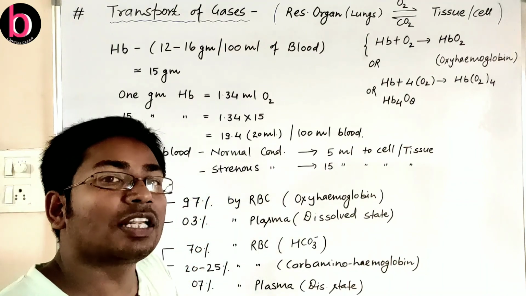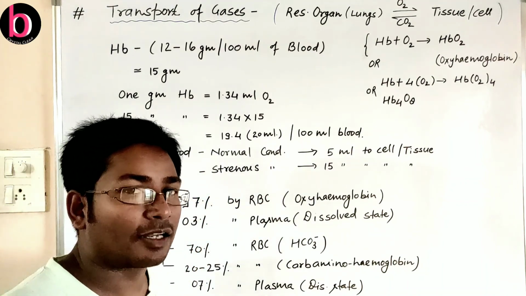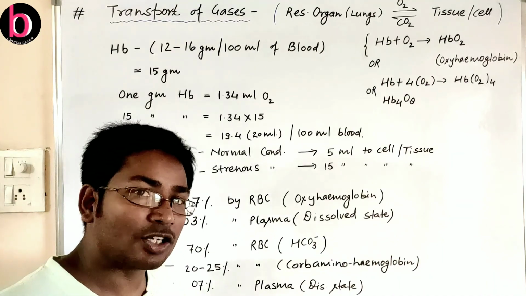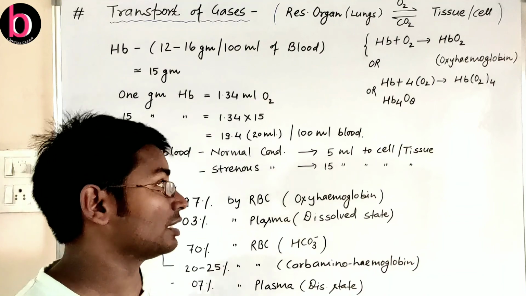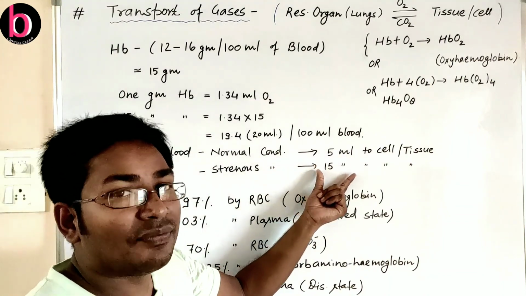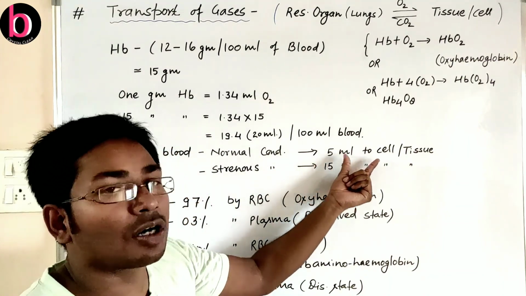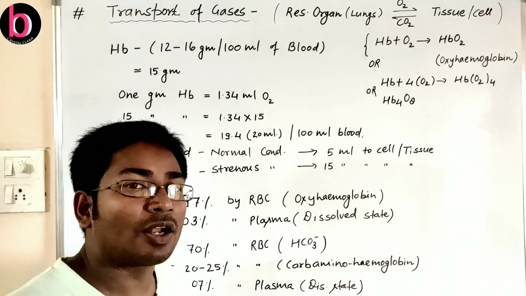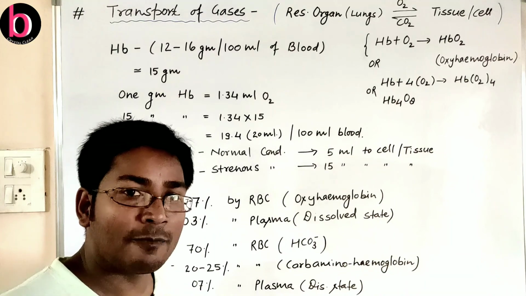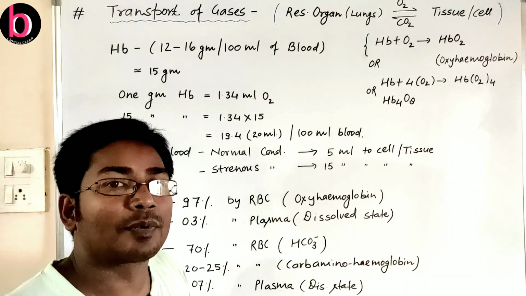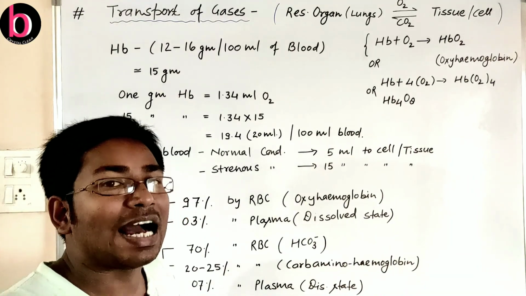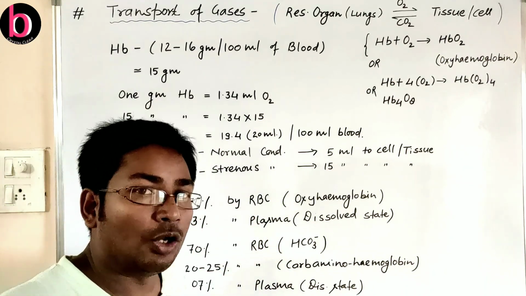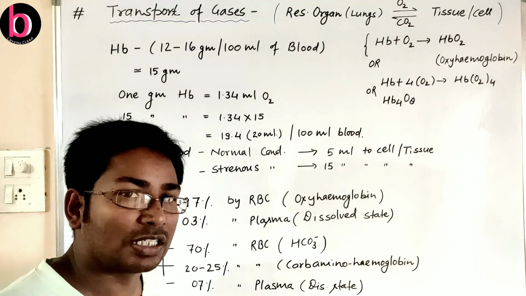Why? Because there is huge demand of energy, and energy comes only after oxidation of food, and for oxidation of food there is need of oxygen. So there will be delivery of 15 ml oxygen to the cells. Now this time only 5 ml oxygen will be present in blood, and this will be reverted back up to alveoli, where this is again loaded with oxygen.